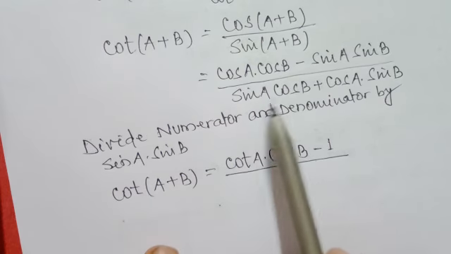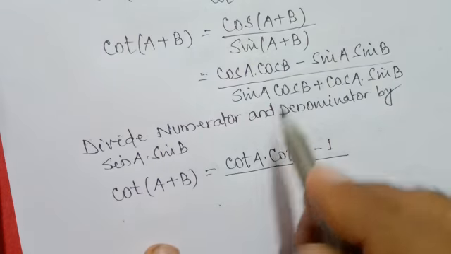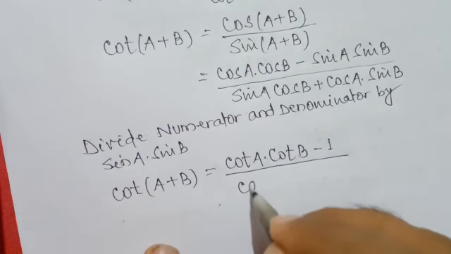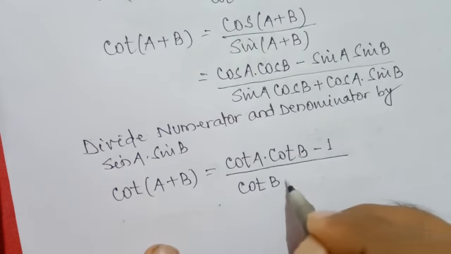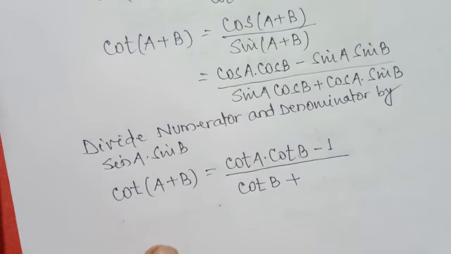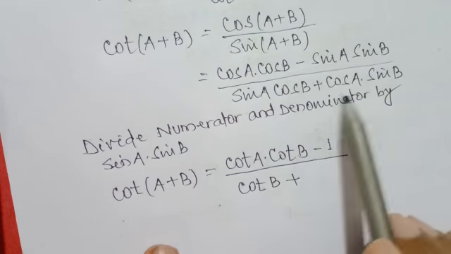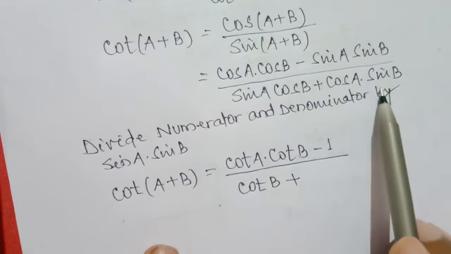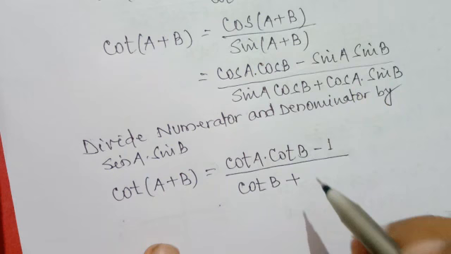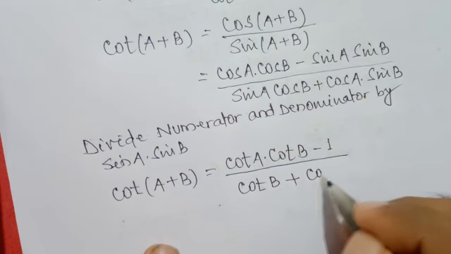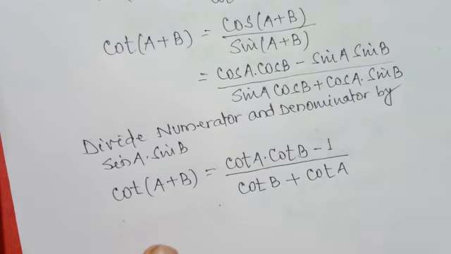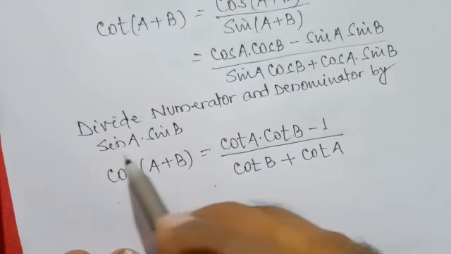Cos B upon sin B will be left, which is cot B, plus cos A sin B divided by sin A sin B. Sin B is cancelled. Cos A upon sin A will be cot A. So this is your another formula.